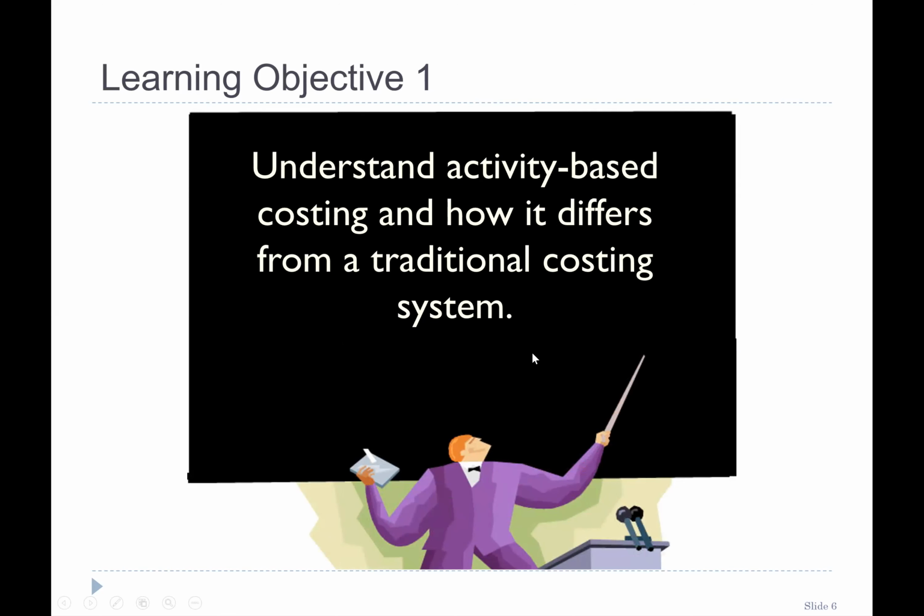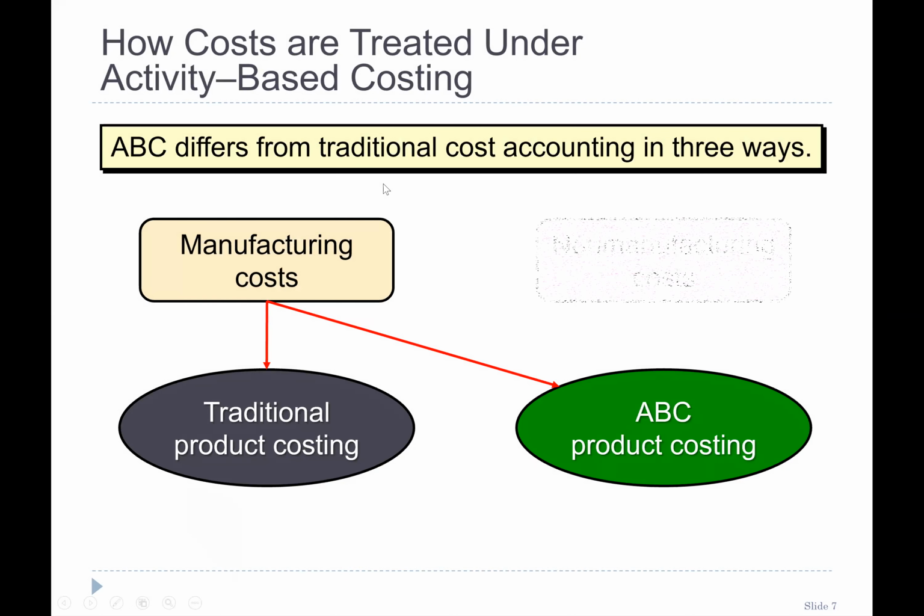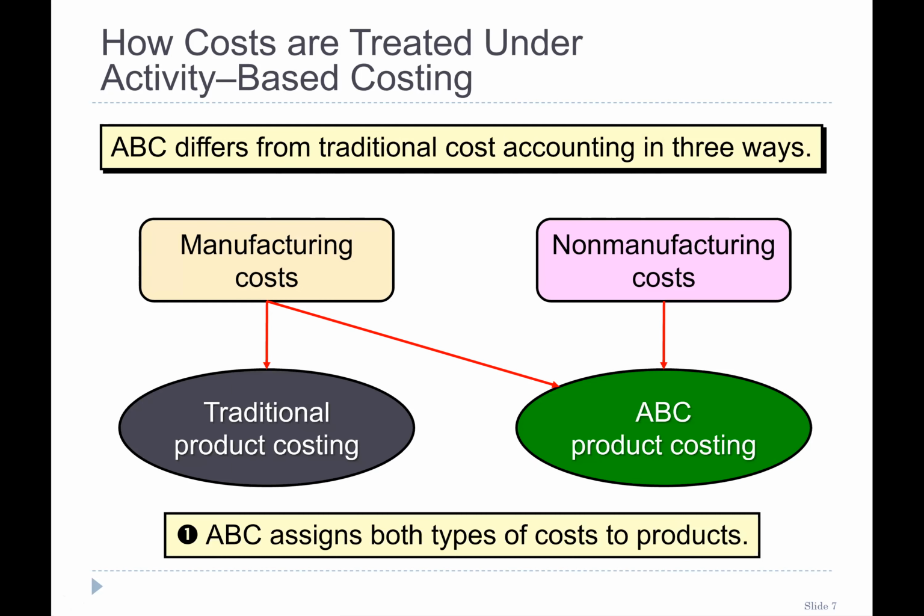Our first learning objective is to understand activity-based costing and how it differs from the traditional costing system. Here we go. ABC differs from traditional costing in three ways.